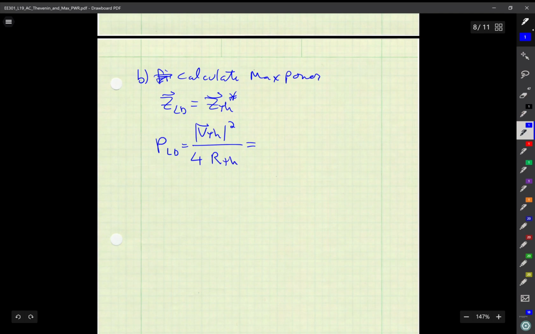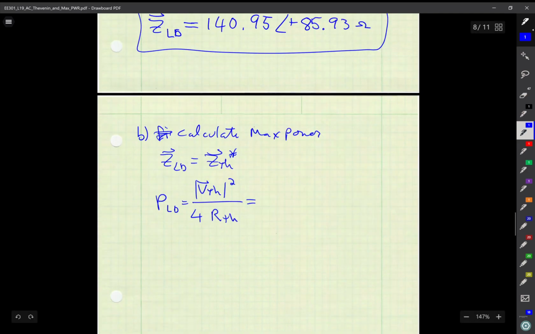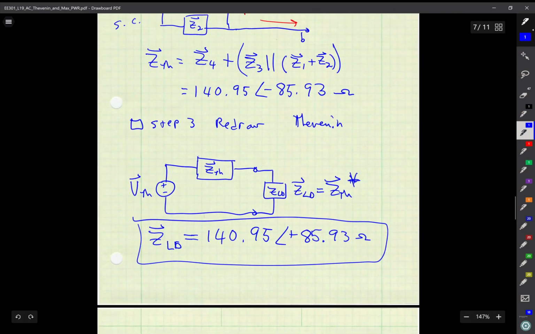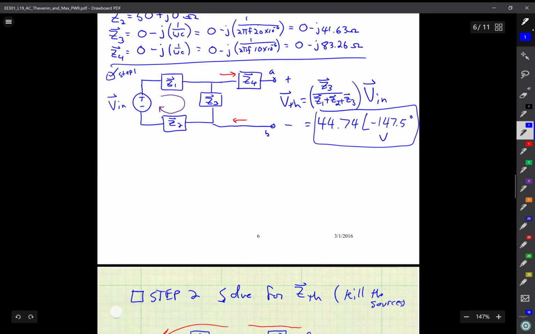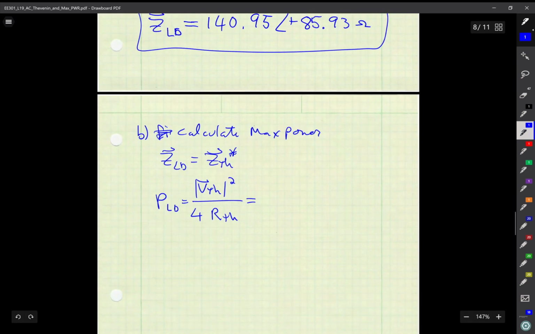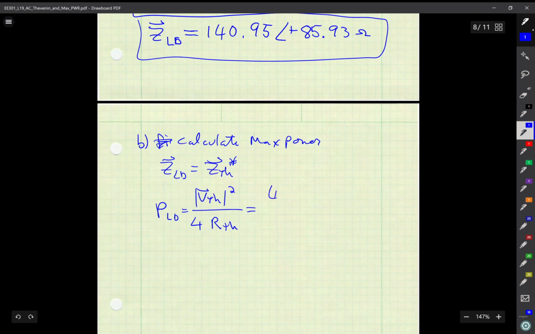All right, so what are those values? My voltage is shown in the first step, 44.74 volts. So 44.74 squared divided by 4 times R Thevenin.